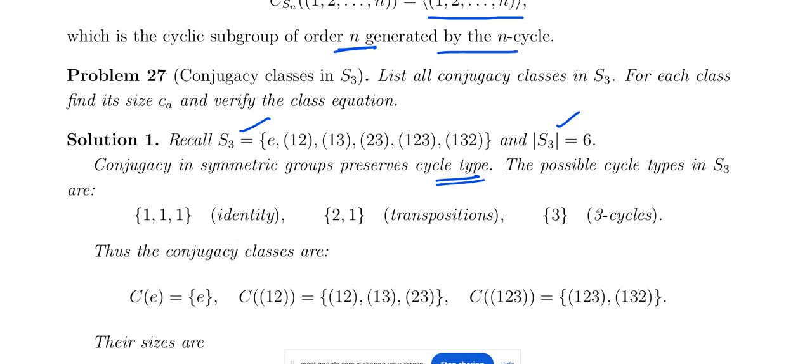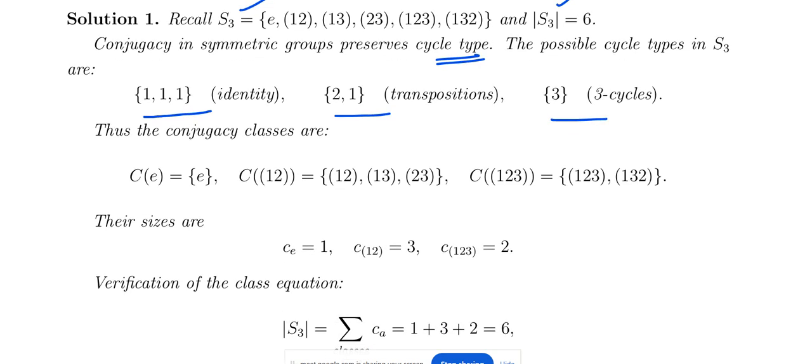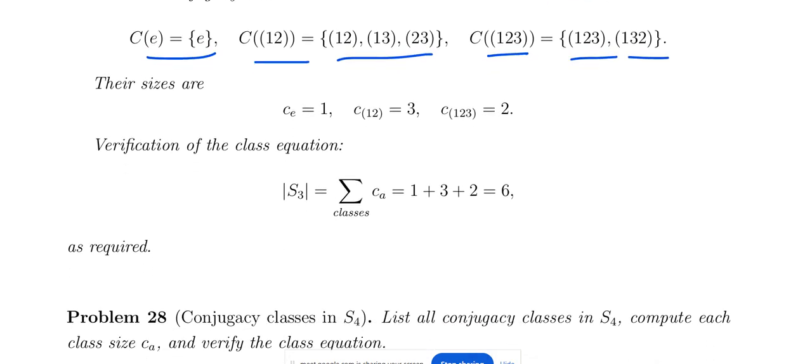So the possible cycle types in S3 are the identity (1 1 1), the transposition (2 1), and the 3-cycle. Am I correct? We already saw that the class of E is E, the class of (1 2) is (1 2), (1 3), (2 3), and the class of (1 2 3) is (1 2 3) and (1 3 2). So the numbers of elements are 1, 3 and 2, and when you add them you get 6. So that is the verification of the class equation, already discussed.